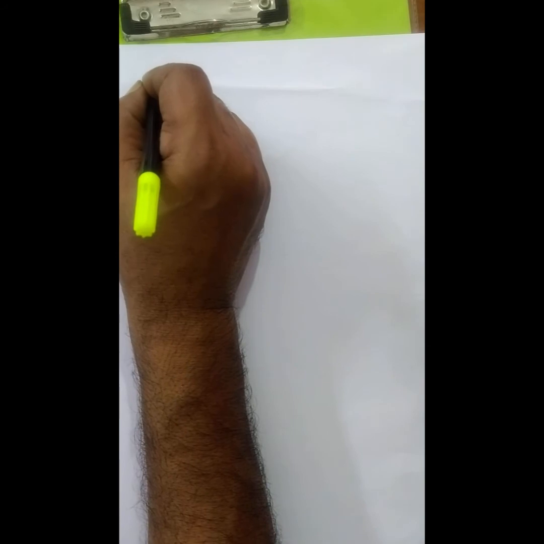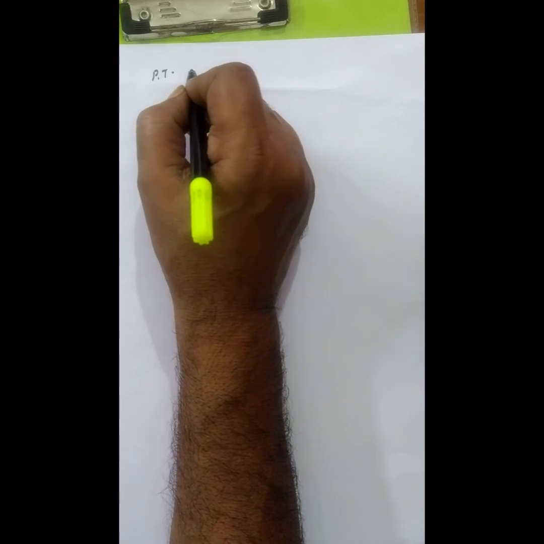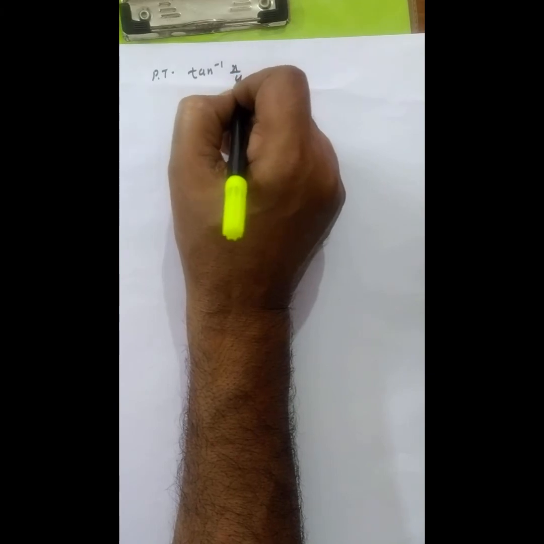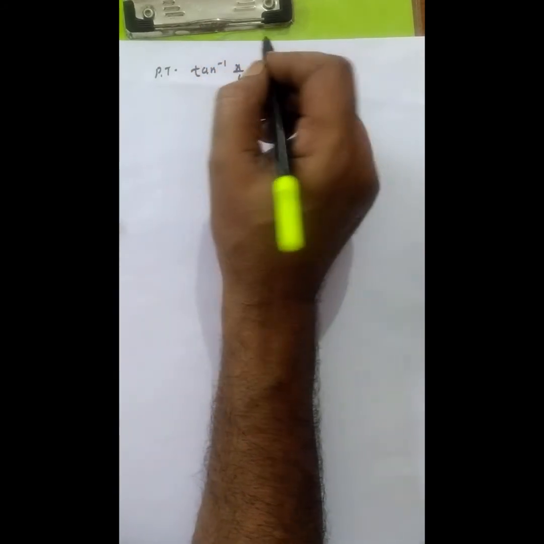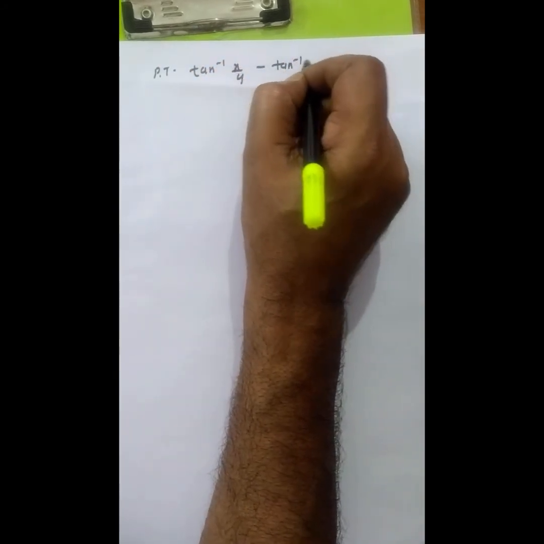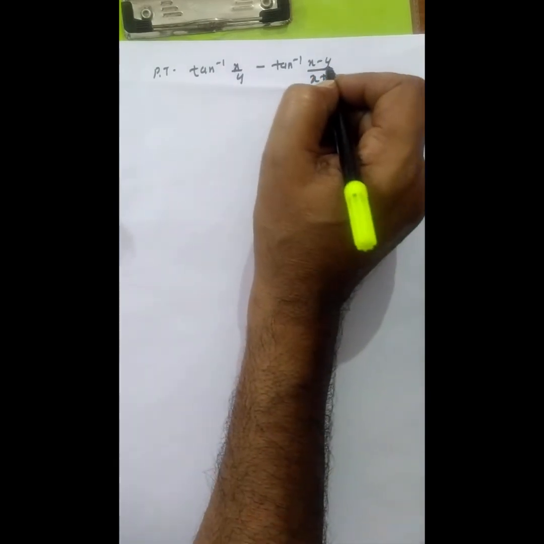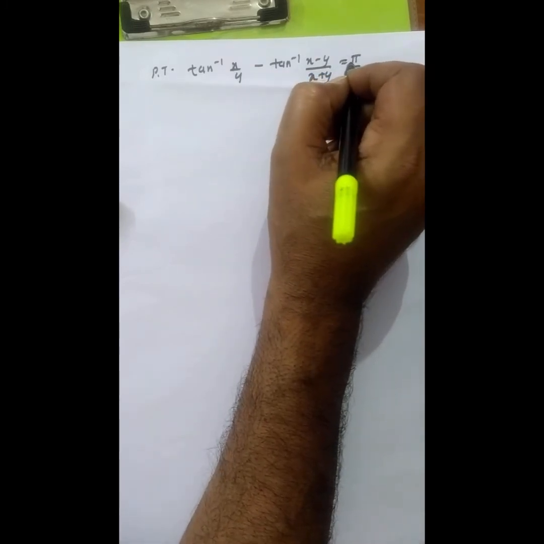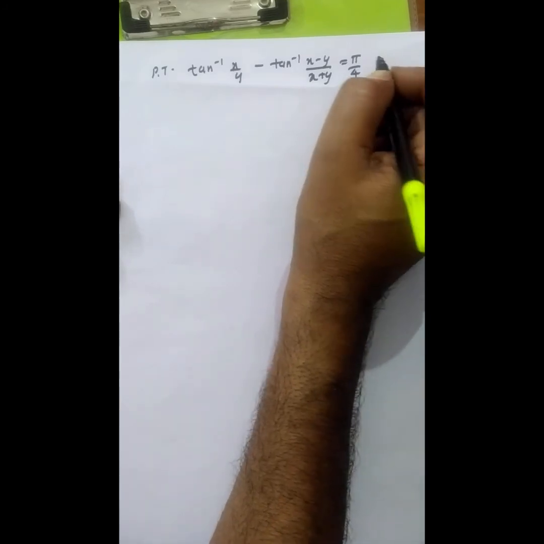Prove that tan inverse of x by y minus tan inverse of (x minus y upon x plus y) equals pi by 4. So the next sum is tan inverse of x upon y minus tan inverse of x minus y upon x plus y; you have to prove it equals pi by 4.